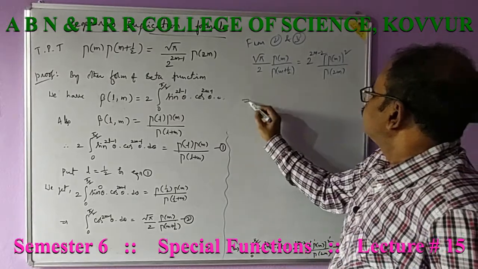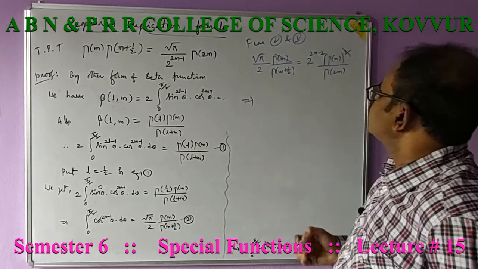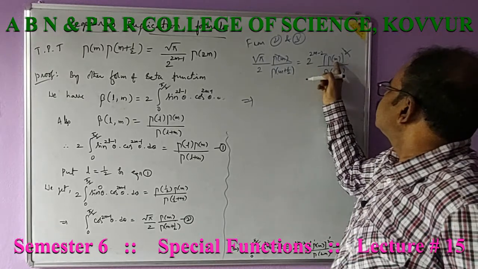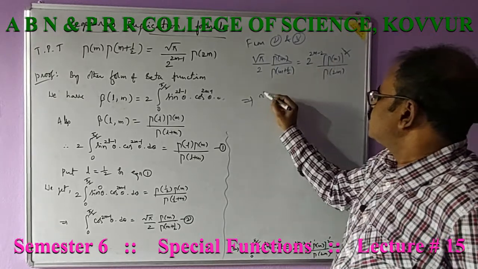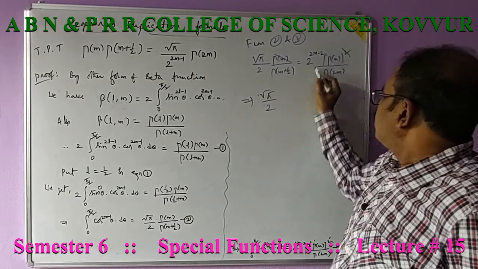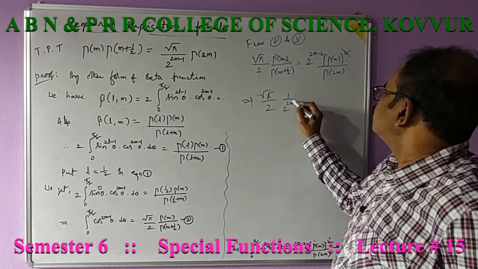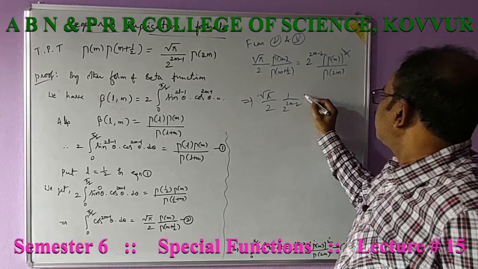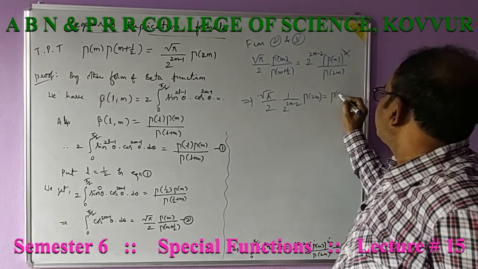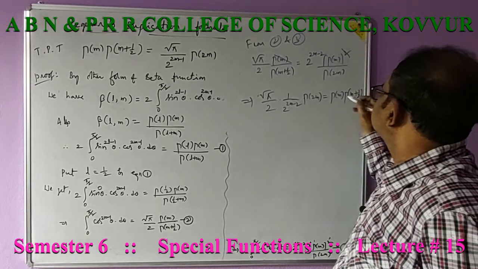So here gamma m and gamma m get cancelled. This is gamma m, this is gamma m into gamma m. So one gamma m remains here. This is root pi by 2, and this comes here 1 by 2 to the power of 2m minus 2 into gamma 2m, and this is gamma m into gamma m plus 1 by 2.